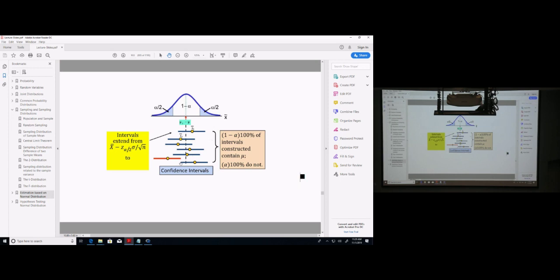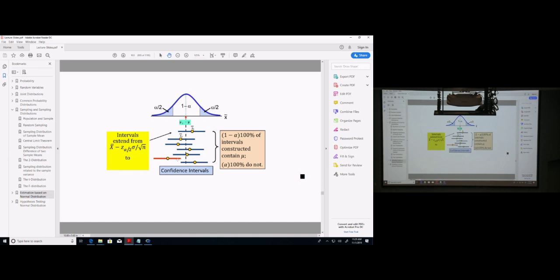In reality, in practice, you only calculate one confidence interval. You won't collect the sample again and again. So you might be here, or you might be here. But the confidence that you have is that, unless you're very unlucky, you capture the unknown parameter, but you can't be sure.